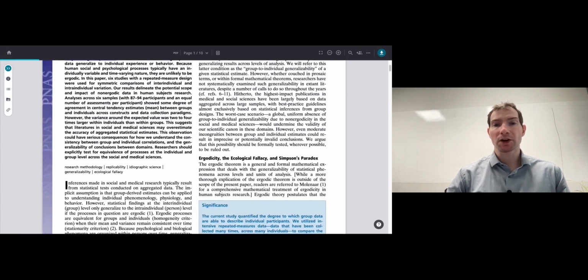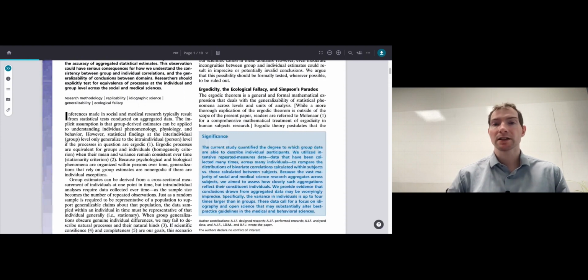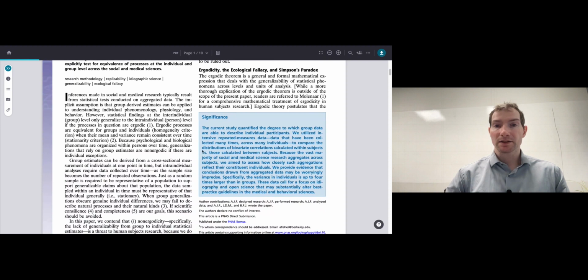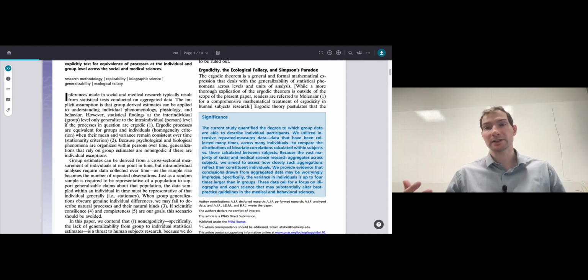So, just very quickly, one of the things that they say, and that is significant, in this paragraph here where they explain the significance of this, is that basically, if what they say is correct, this may substantially alter best practice guidelines in the medical and behavioral sciences. And the reason why is because what people do in practice is that they have this aggregate data from cohorts.